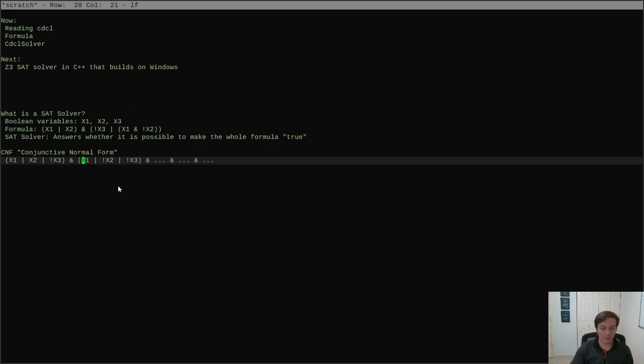A clause can be a list of variables, but those variables can be either their positive self or their negative self. Here I have the positive x2, and here I have the negated x2. If we were doing an abstract syntax tree, we would introduce a separate node for a negation, but we don't want that in this case. Instead, whenever we refer to a variable, that's either its positive version or its negative version.